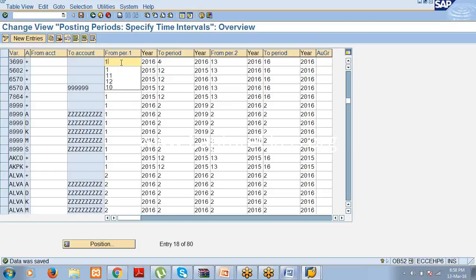So in our class, I am opening all the 12 periods. This is the case for US companies. Suppose you are doing the practice with UK company code and Indian company code.